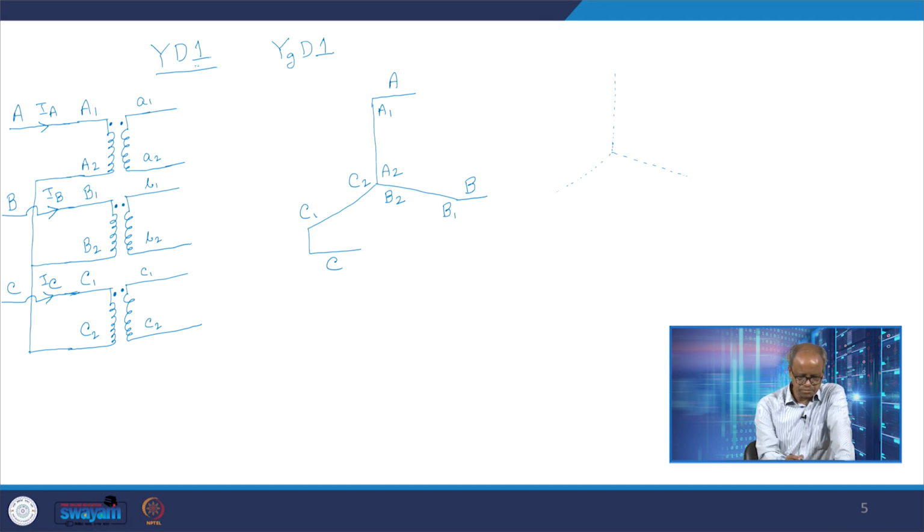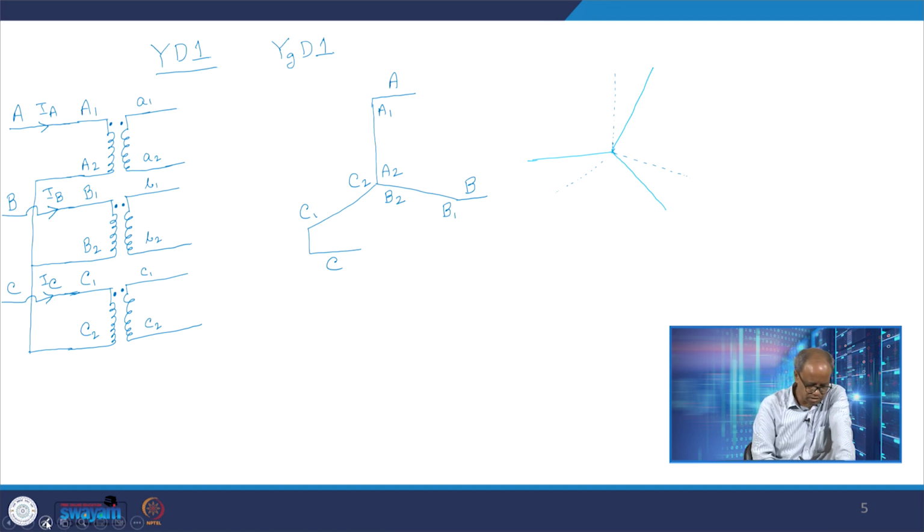But because it is YD1, again I repeat, my phase A voltage is here, then my phase B voltage would be 30° from here, and my phase C voltage would be 30° from here. So this is my phase A voltage, this is my phase B voltage, this is my phase C voltage.